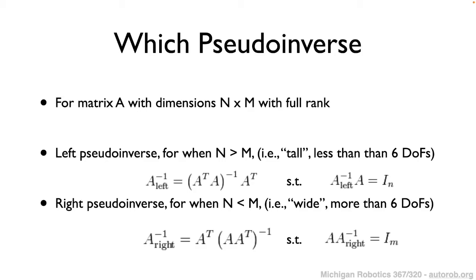So there's a left pseudo-inverse and a right pseudo-inverse. You compute the left pseudo-inverse when the dimension of your matrix A is such that n is greater than m, so when there are more rows than columns. Conversely, you would compute the right pseudo-inverse for the case when n is less than m, that is, when there are fewer rows than there are columns.